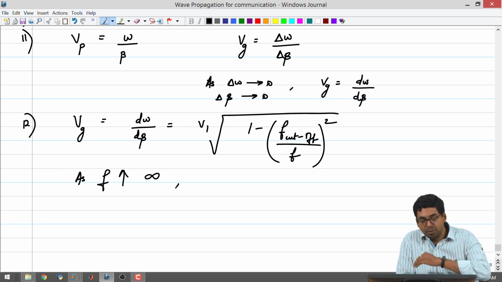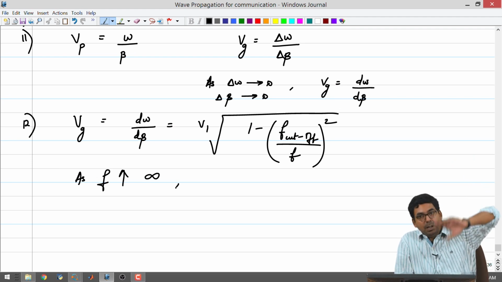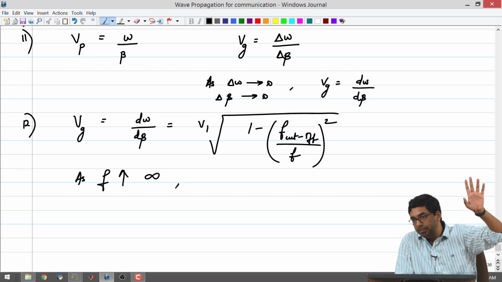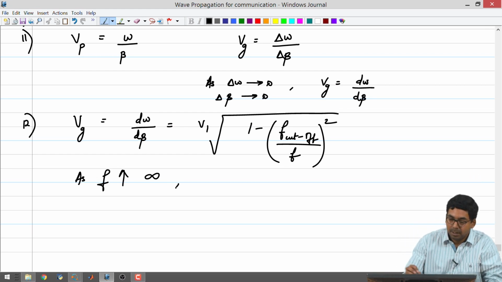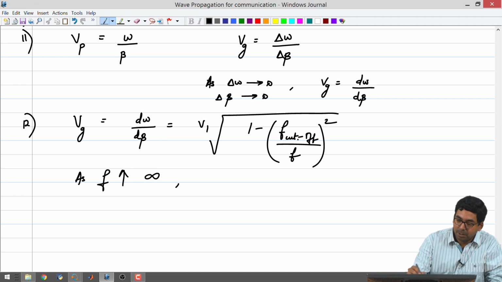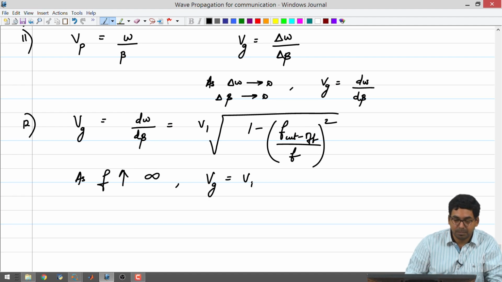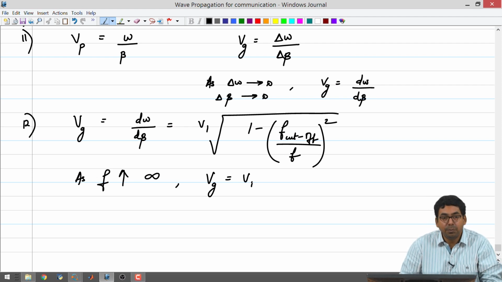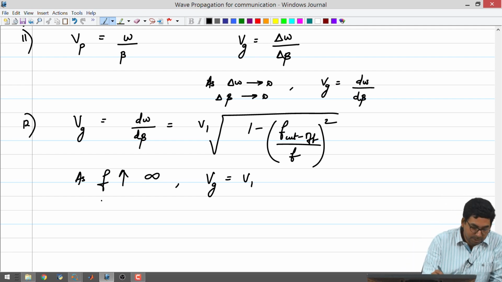As f goes to very high values, values much higher than the cutoff frequency, you will have this term becoming 0, your Vg is equal to V1, all right. So, at infinite frequency you cannot distinguish between phase velocity and group velocity. The second thing that we notice is for all other f's lower than infinity, all other finite values of f, right.